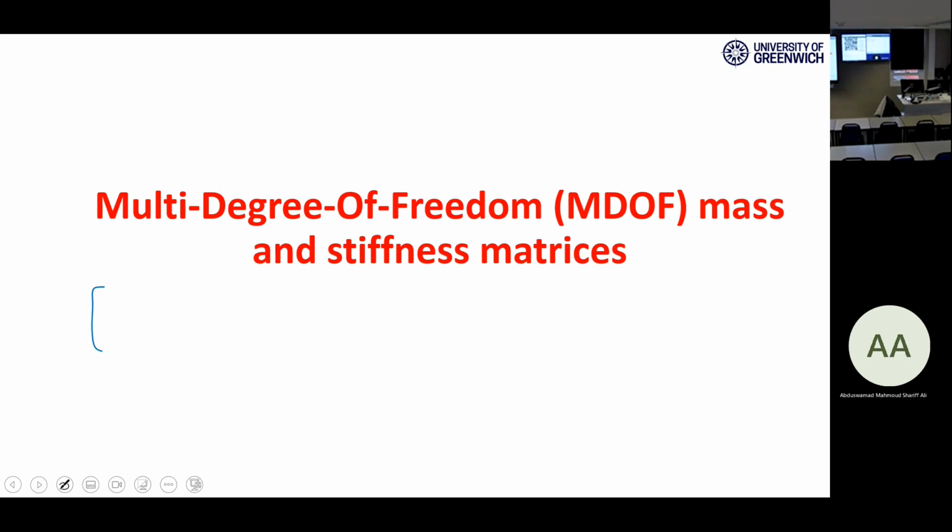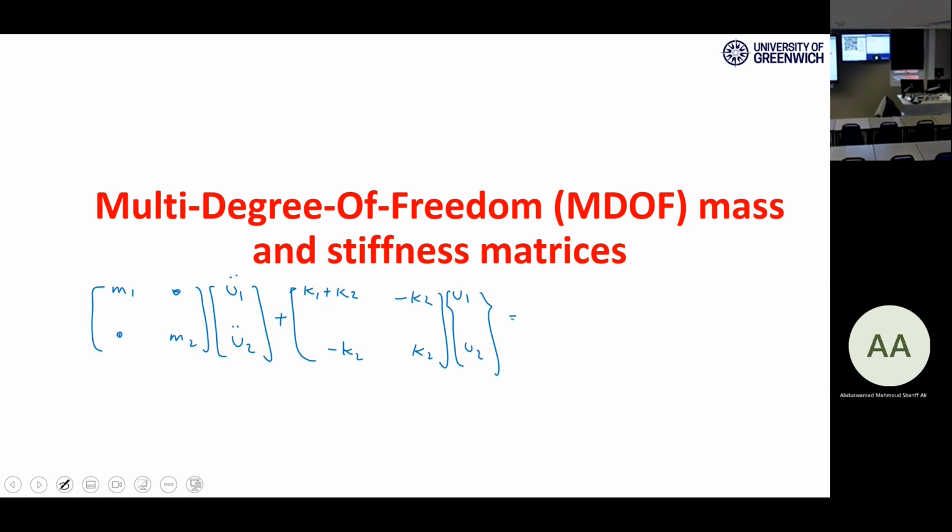For a two-story building, it's a 2 by 2 mass matrix, M1, 0, 0, M2, times u double dot 1, u double dot 2, plus, forget about damping, damping is not important too much, K1 plus K2, minus K2, minus K2, K2, times u1, u2, equals P1(t) and P2(t), or you can assume 0 and 0.